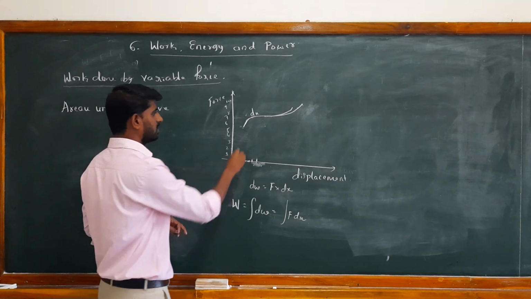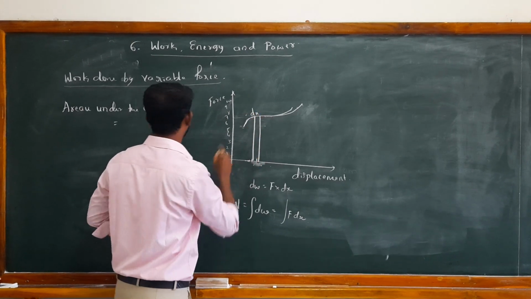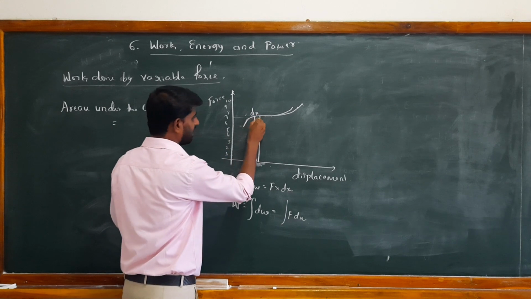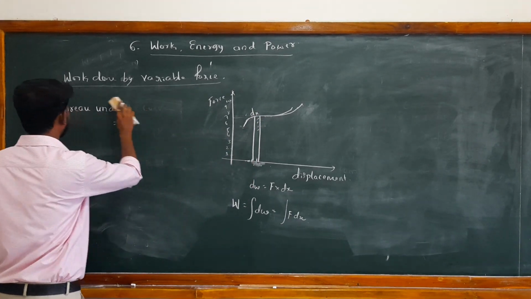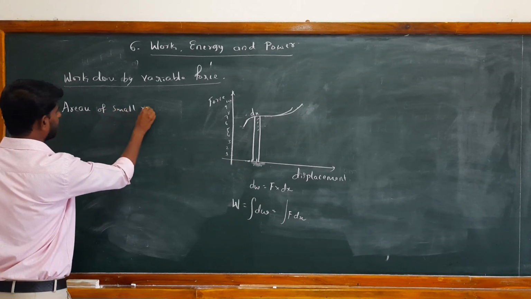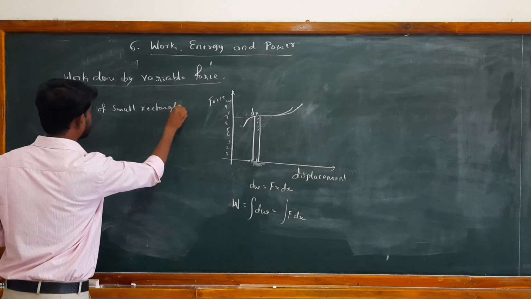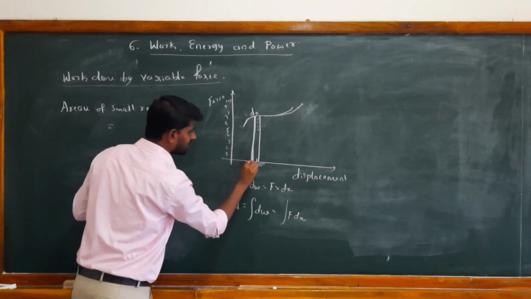So I take a small section, the same one. If I take the rectangle, I need to find its area. Area of that small rectangle: it has a length and this is the breadth.